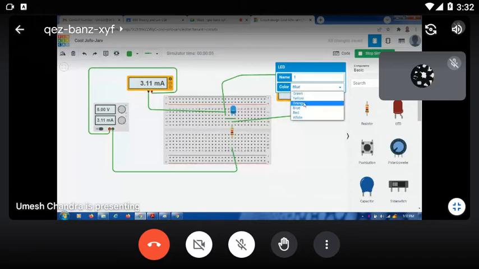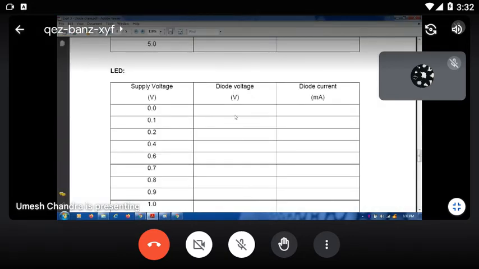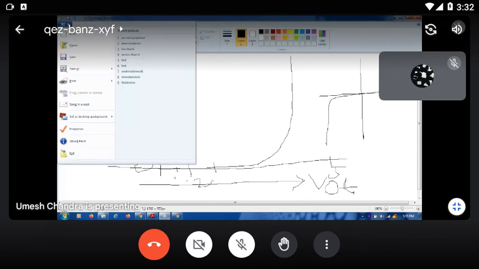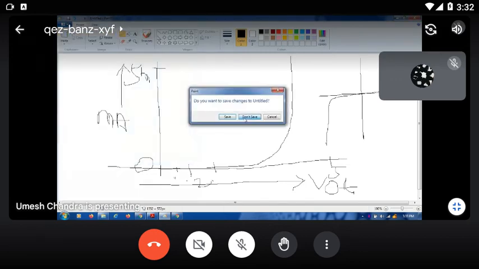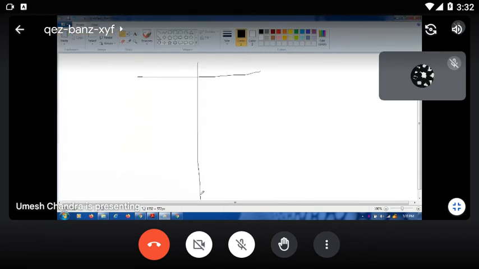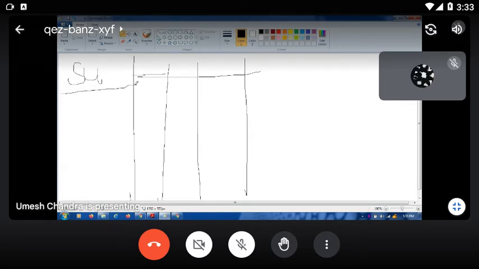Here is the supply voltage, and here you draw another two columns, diode voltage and diode current. Then how do you draw? First one is the supply voltage.